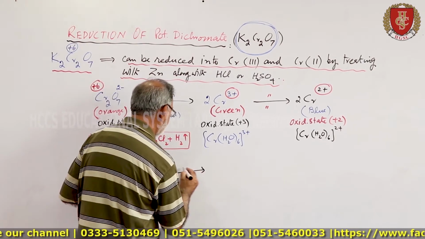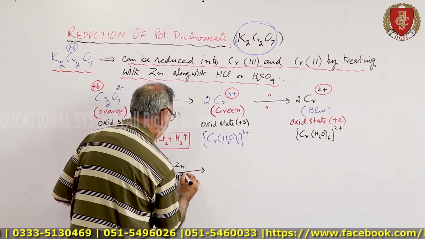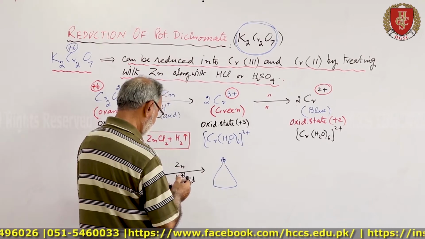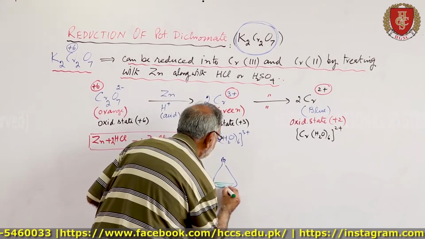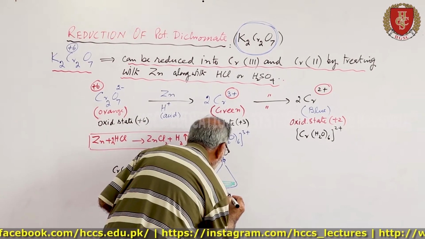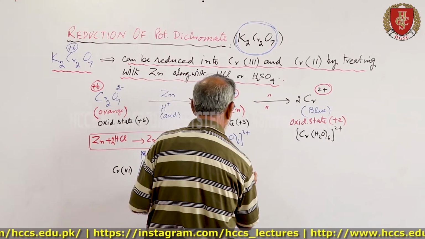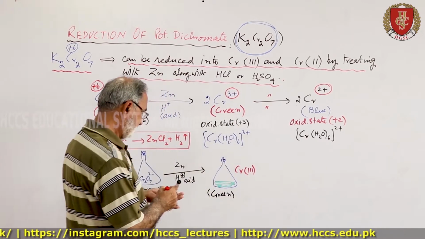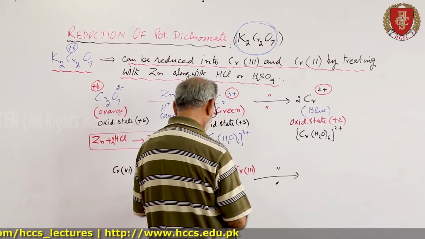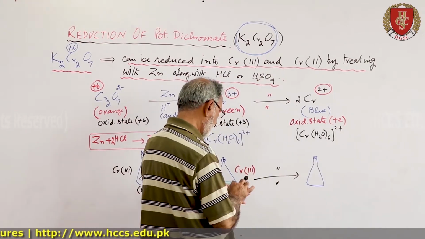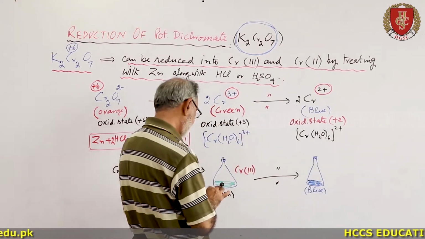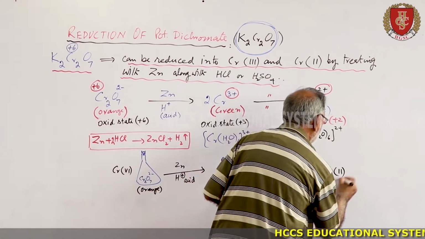So when it is treated with zinc with H+ ion or acid, then this can be represented by this, and here the color changes to green, chromium with 3 oxidation state. So when this is treated under the same condition, then you have blue color, and here it is chromium 2.